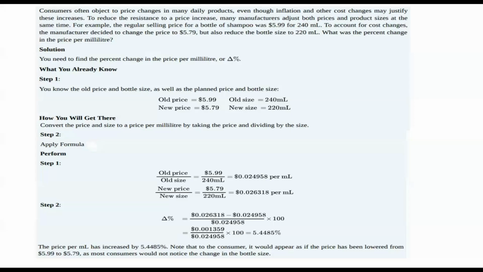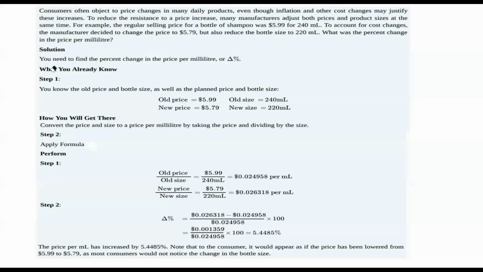The regular price of a bottle of shampoo was $5.99 for a 240 ml bottle. To account for the cost changes, the manufacturer reduced the price in this case to $5.79. So you think, oh, it's cheaper, you buy a whole set. But guess what? The bottle reduced in size to 220 ml.